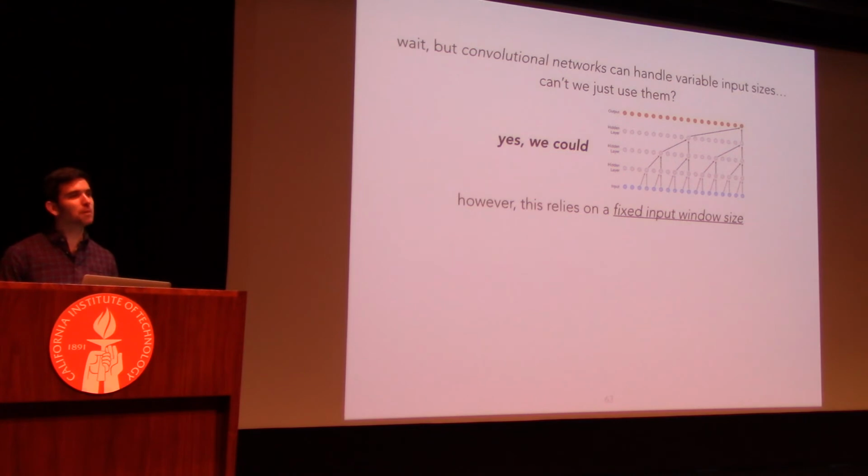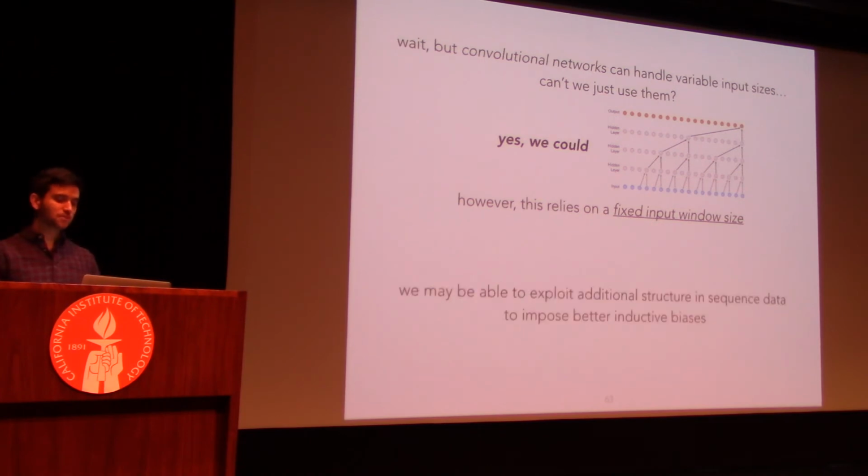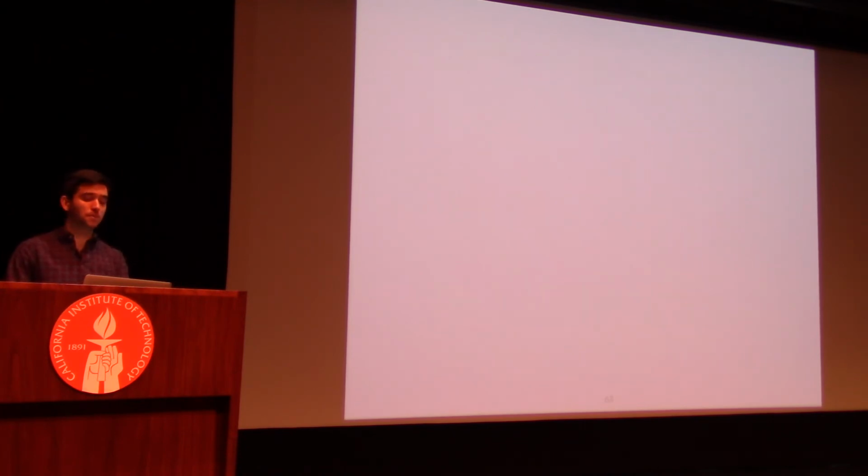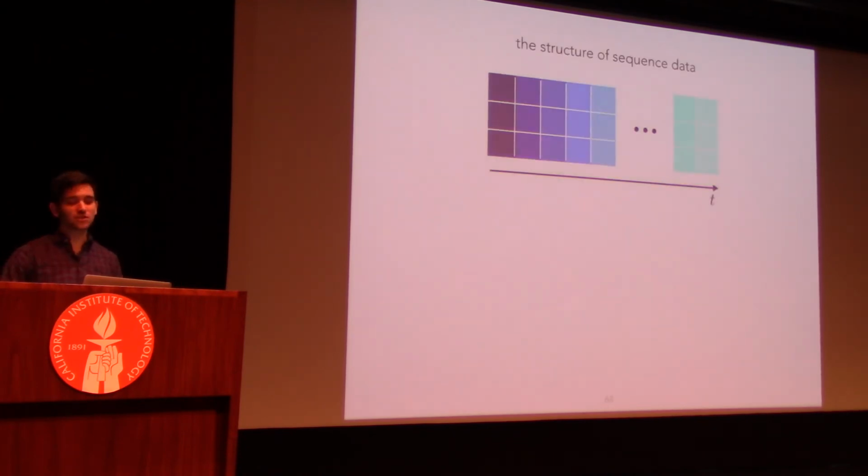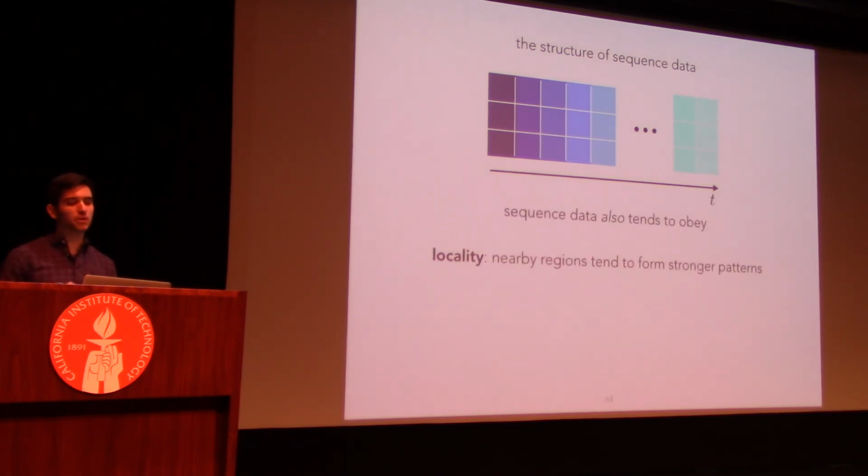That might be a limitation if we wanted to pick out patterns that span many, many steps in the sequence. So we may be able to exploit additional structure in the sequential data in order to impose better inductive biases, in order to restrict our model in maybe a smarter way. So let's discuss what the structure of sequence data is. Again, you also have this idea of locality.